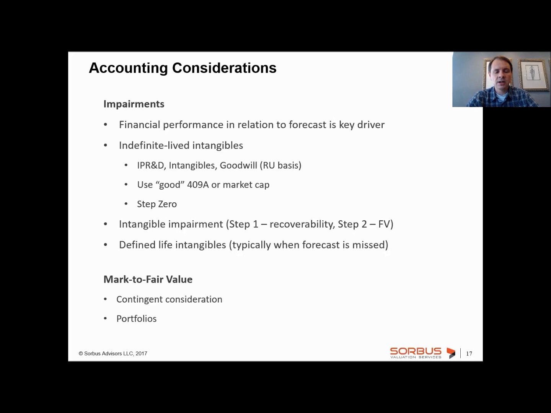And so this is where it's really important to keep consistency with your original purchase price allocation analysis. In other words, you would typically in those situations go back to the valuation specialist and ask them to run the model as of the new date, and do first step one, which is the recoverability test, where you are measuring the total amount of cash flows this asset will now generate given all the adverse developments, but on an undiscounted basis and before tax expense.